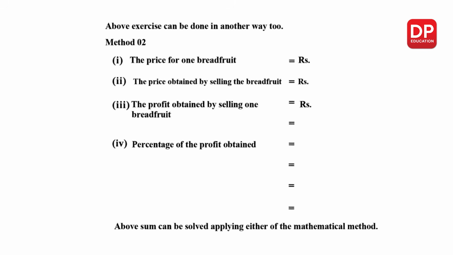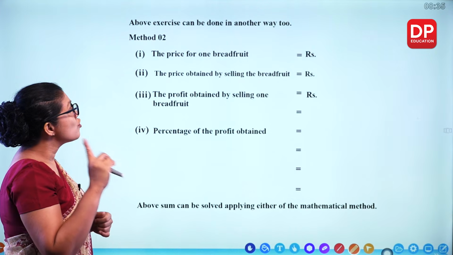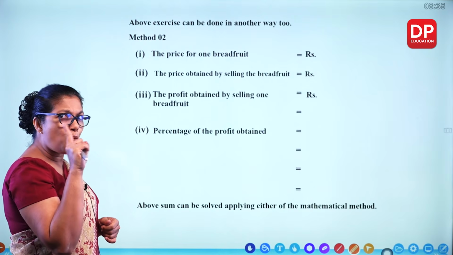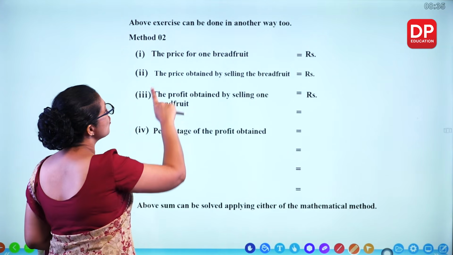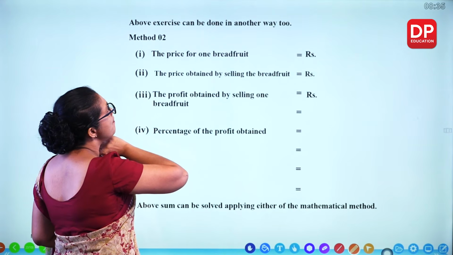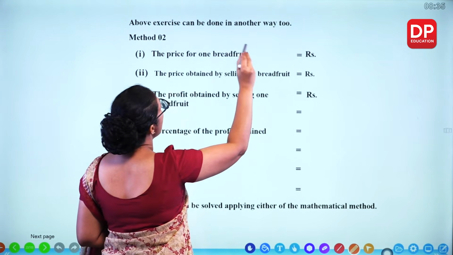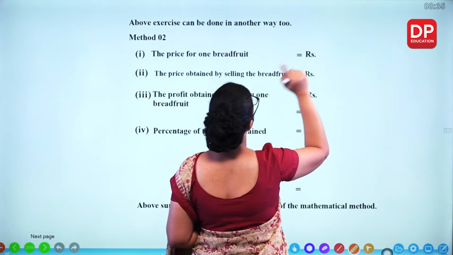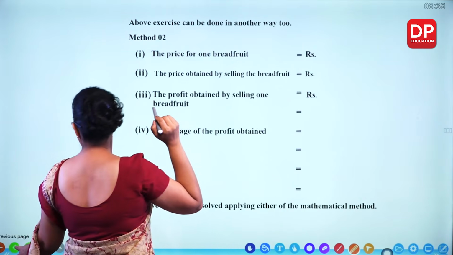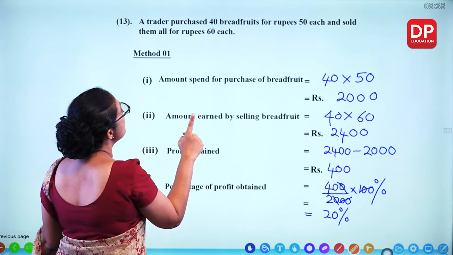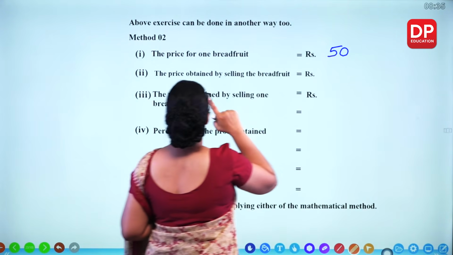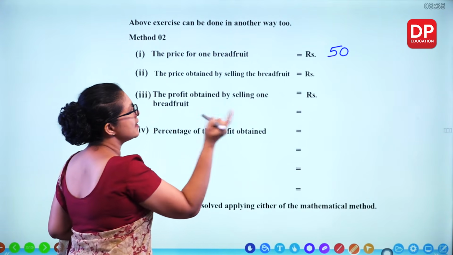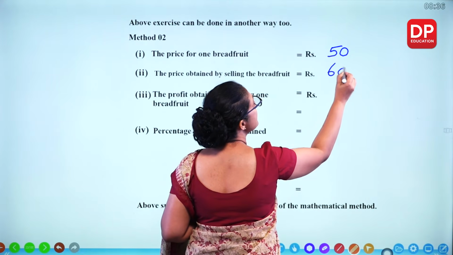Now we can do the same question in a different way. So we'll take this one. So we are finding for one breadfruit the buying price and the selling price. So what's the price for one breadfruit? That's buying price is 50 rupees. What's the selling price? One breadfruit is selling 60 rupees.